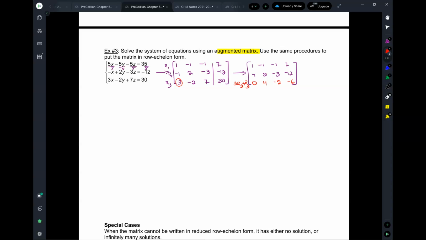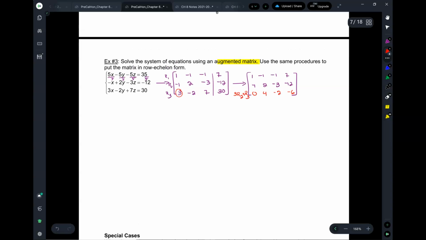Next I'm going to get rid of the one above, that negative 1. So I go over here and copy this one: 1, negative 1, negative 1, 7.